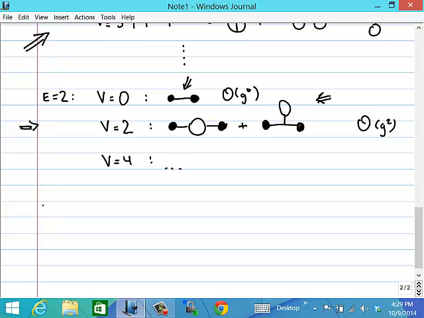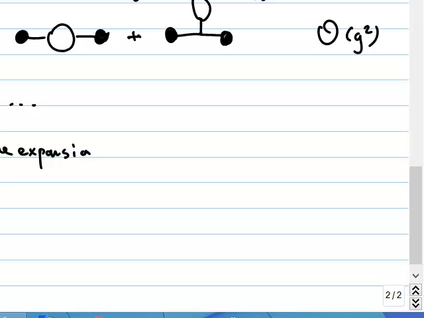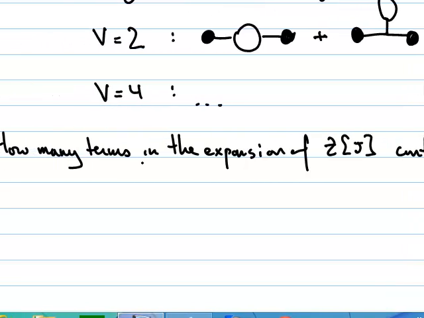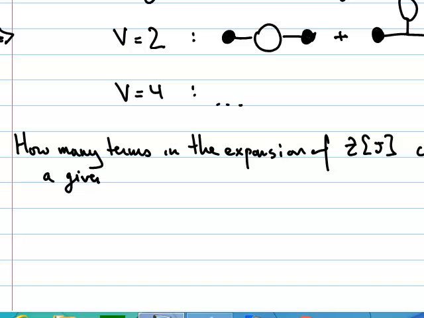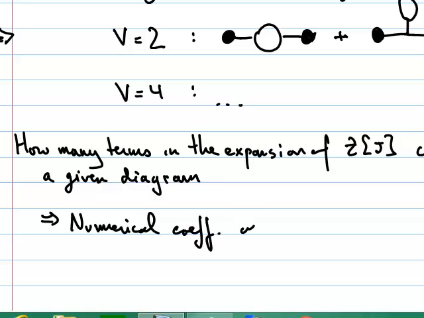So the real question is how many terms in the expansion of Z[J] will contribute to a given Feynman diagram. And it's only if we think about that that we can determine the numerical coefficient of each term.